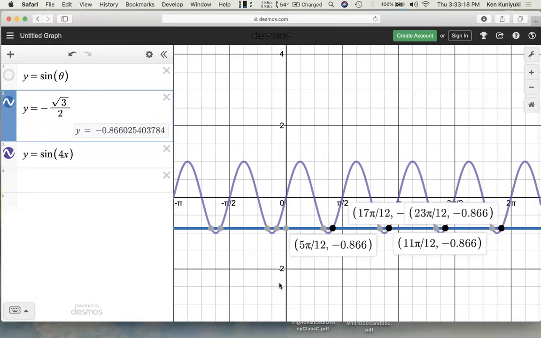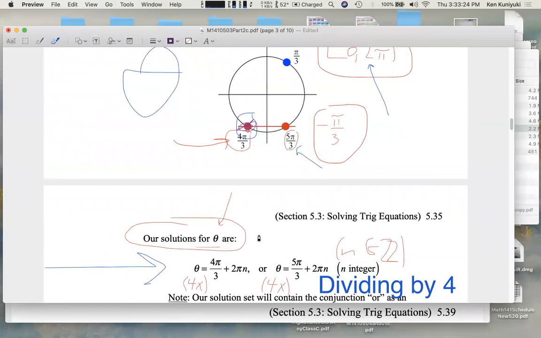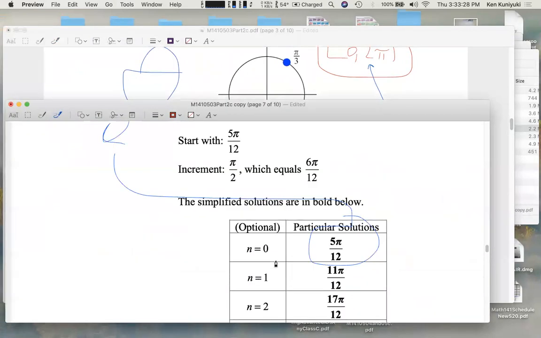I would have played a clip from the film Arachnophobia with Jeff Daniels and John Goodman, but the idea is that these big spider eggs for theta, each of them breaks up into 4 spiders for x.